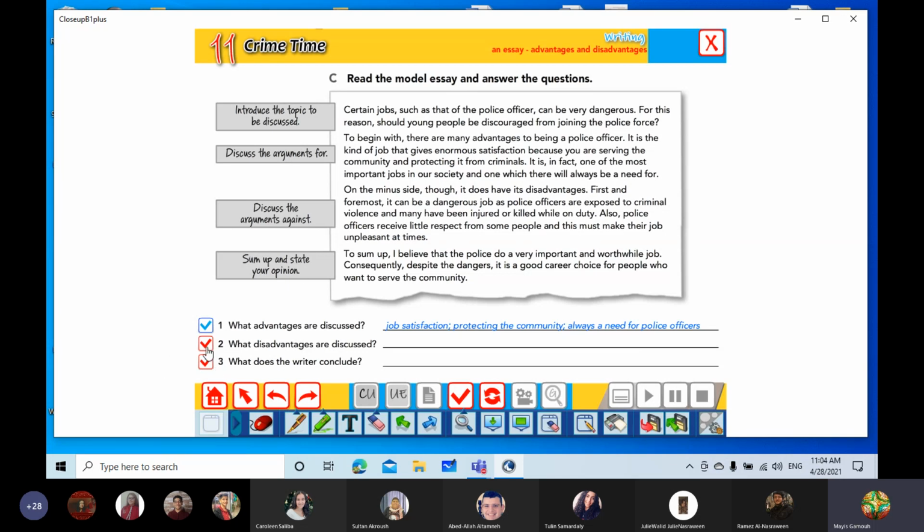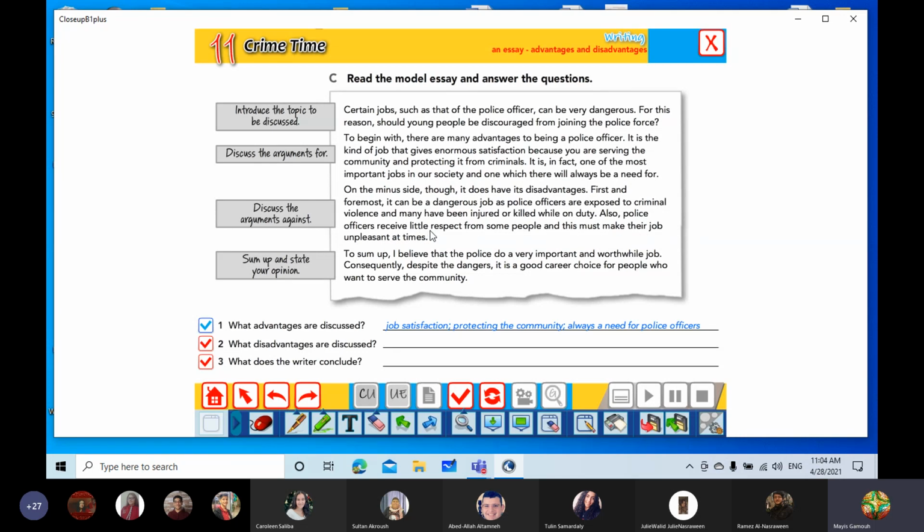What disadvantages are discussed? Teacher, can I answer? Yes, go ahead. Teacher, it can be a dangerous job as police officers are exposed to criminals. Yes, okay, so it's a dangerous job, and we have another one. What is it? Many have been injured or killed while on duty. On duty, yes. Okay, this includes the word dangerous, but here we have another one also.